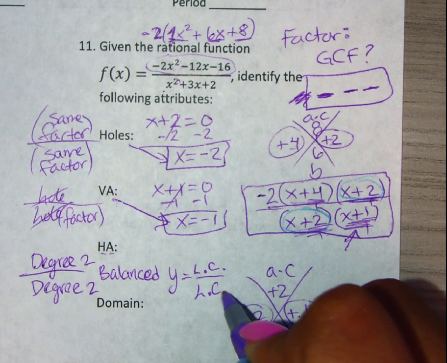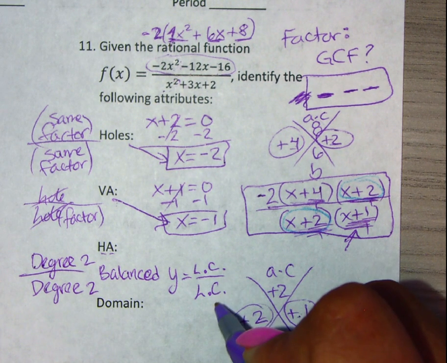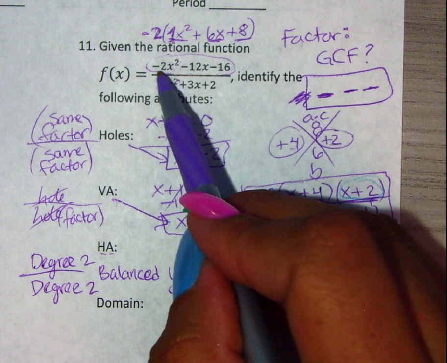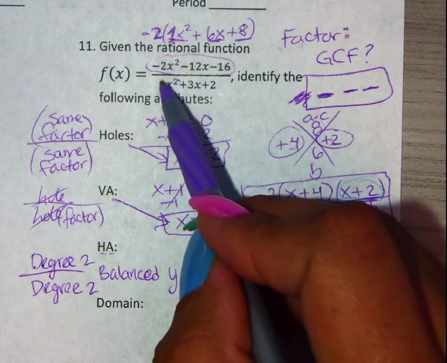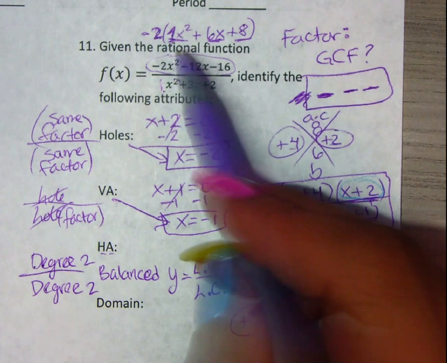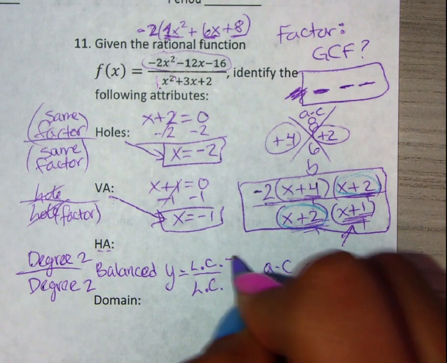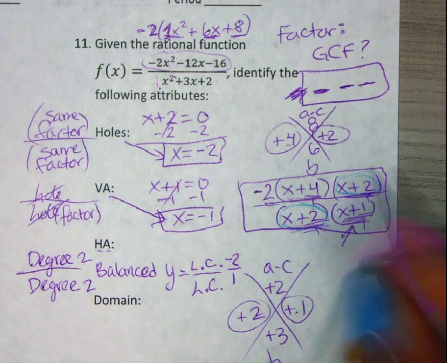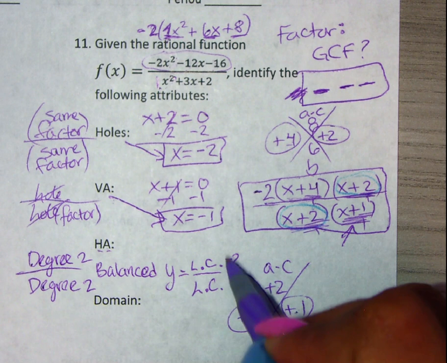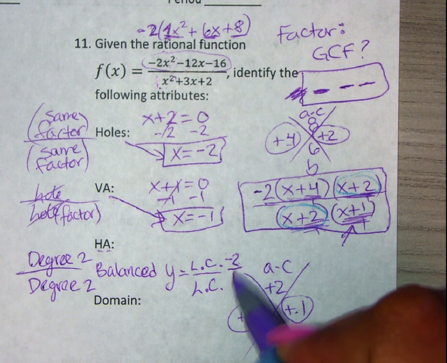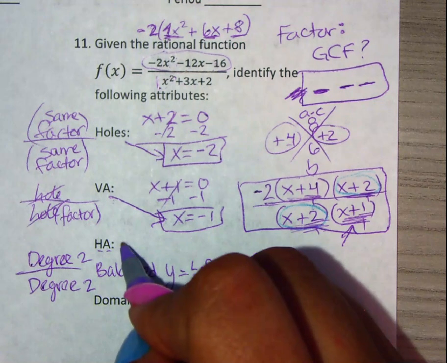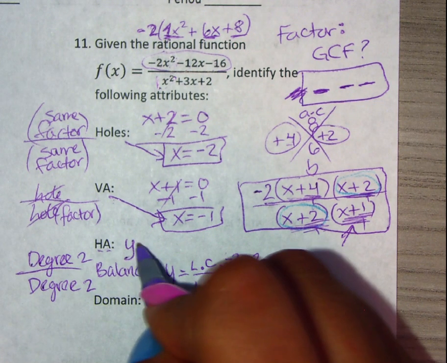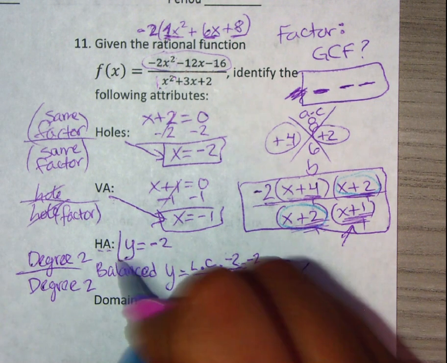Leading coefficient of the numerator over leading coefficient of the denominator. Leading coefficient of the numerator is -2. Leading coefficient of the denominator is 1. So we're going to write -2 over 1. And then we simplify -2 divided by 1, and that equals -2. So the horizontal asymptote is y equals -2.